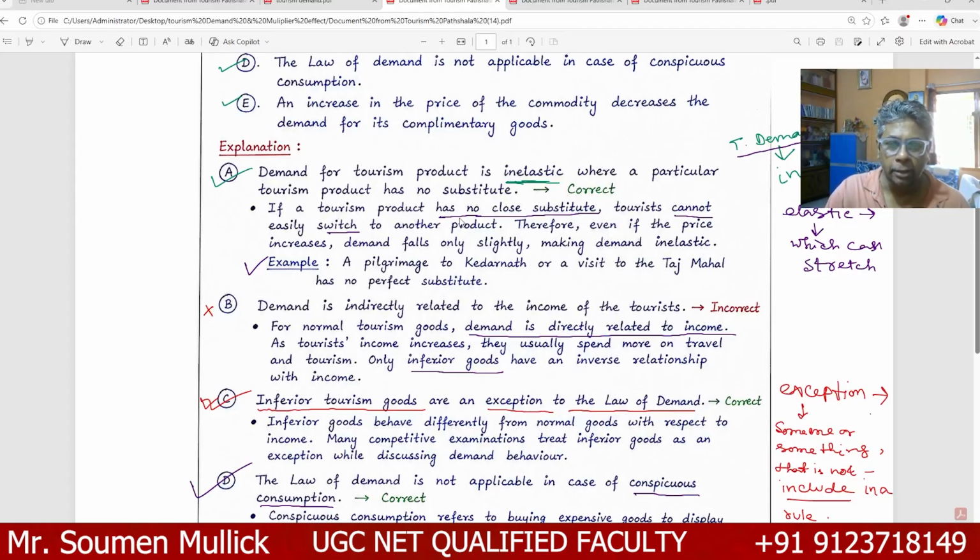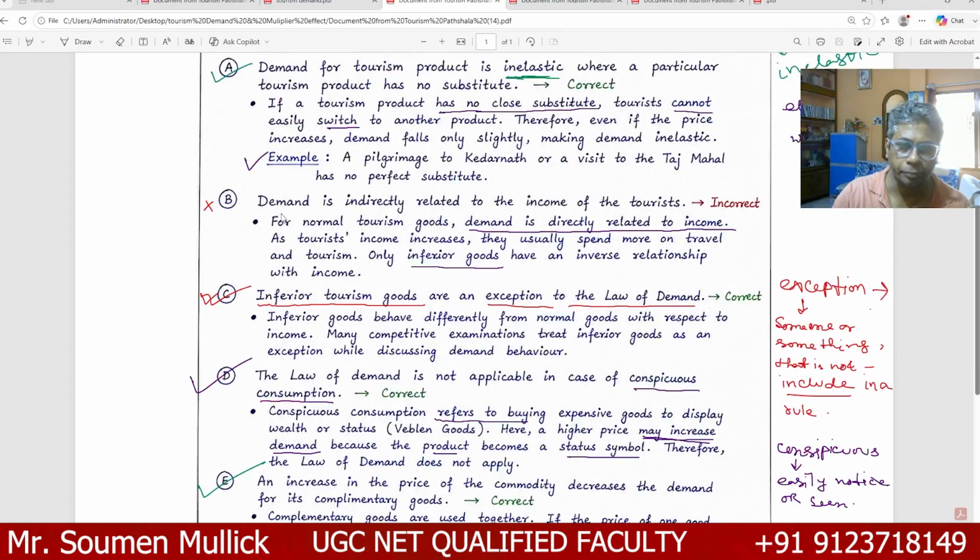If a tourism product has no close substitute, the tourist cannot easily switch to another product. This is very important: cannot switch, cannot find an alternative. Therefore, even if the price increases, demand falls only slightly, making demand inelastic. Elastic means which can stretch. Inelastic means it is not possible to stretch, not possible to switch to another product. So this statement is right.